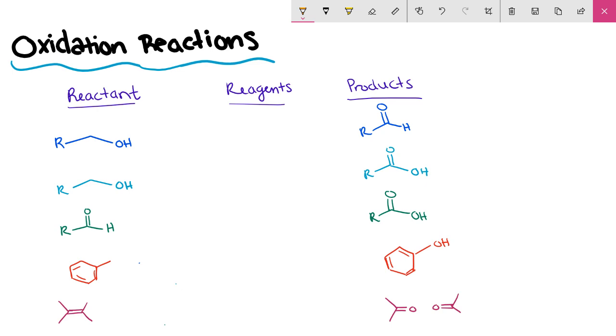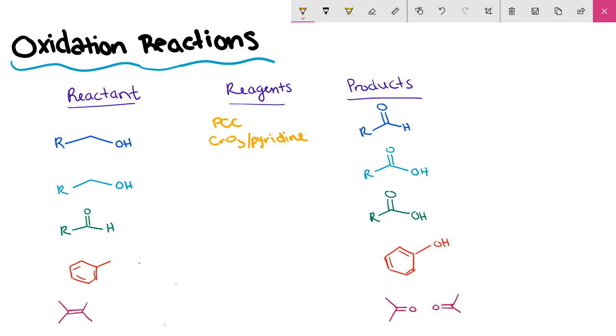So that looks like a weak oxidation to me. So we don't want the oxidation to go all the way through. So we could use something like PCC, or we could use something like CrO3 in pyridine. So these are both reagents that would just take us to the aldehyde.